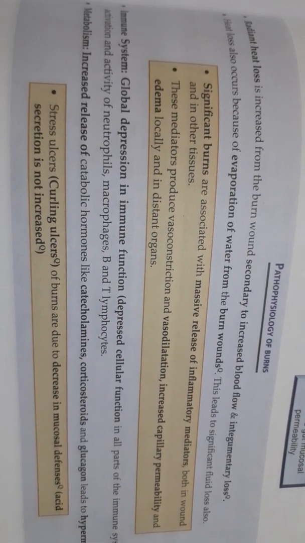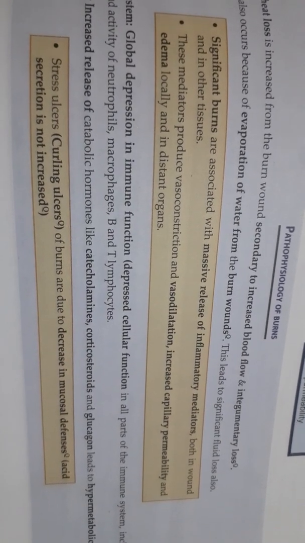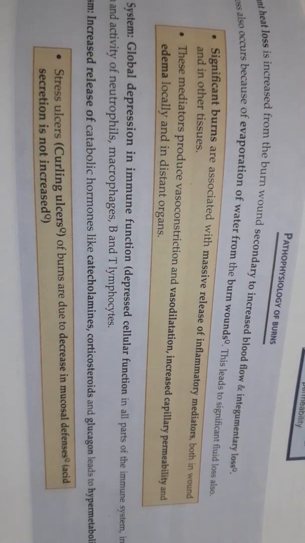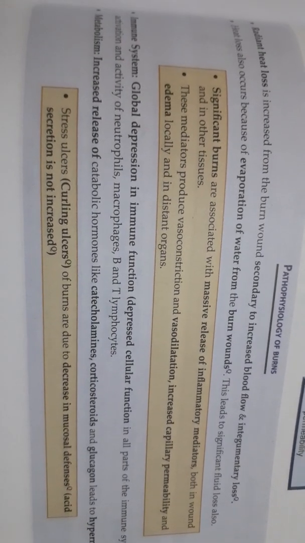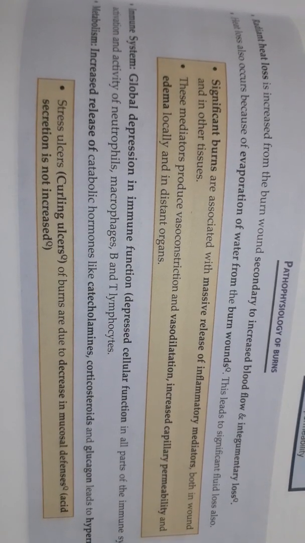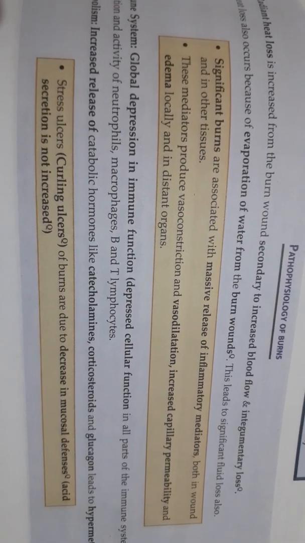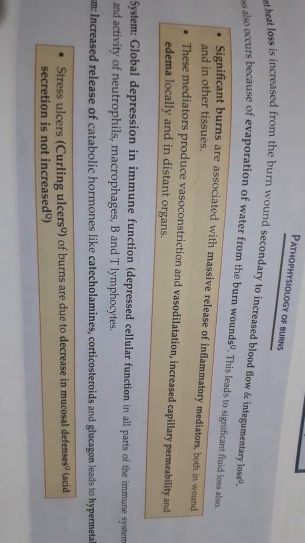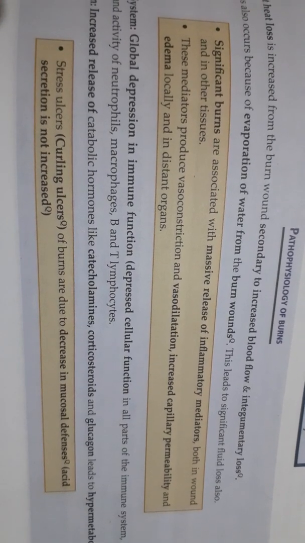Radiant heat loss is increased from the burn wound secondary to increased blood flow and integumentary loss. Heat loss also occurs because of evaporation of water from the burn wounds. This leads to significant fluid loss also.